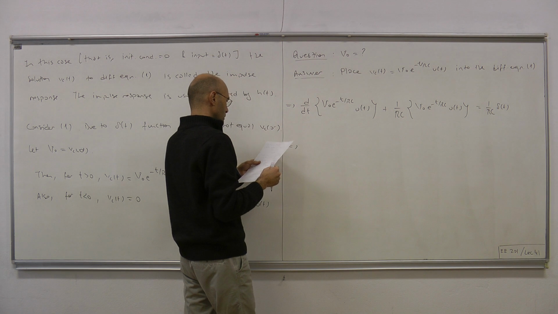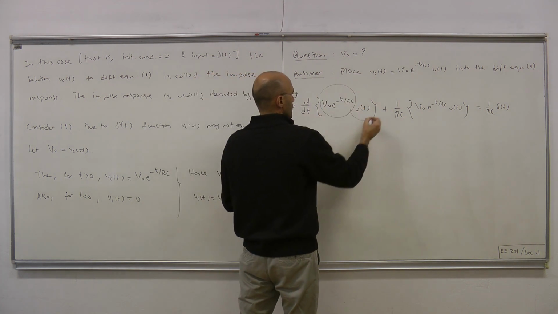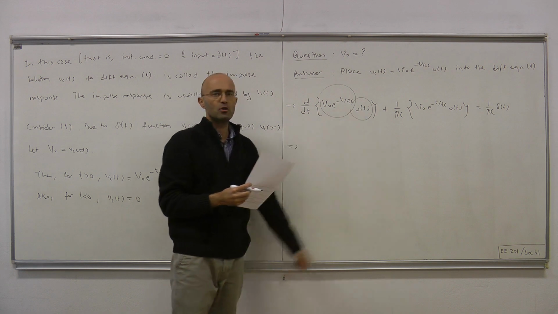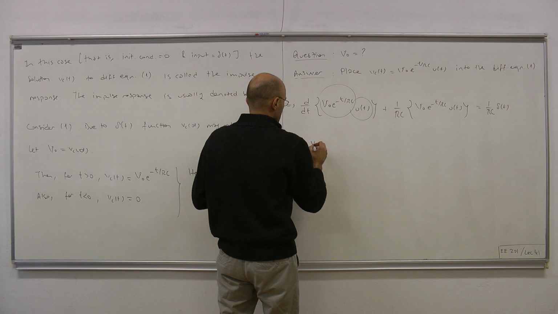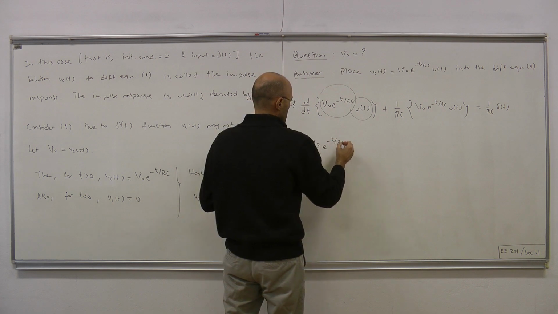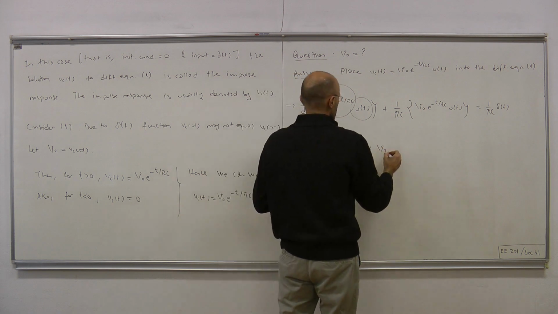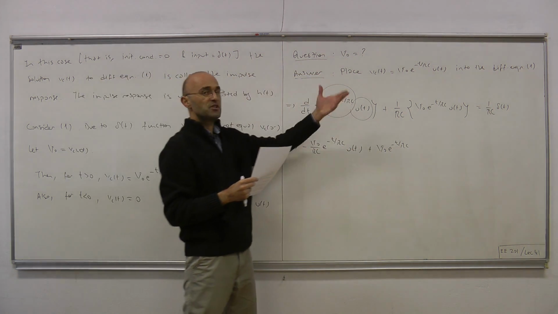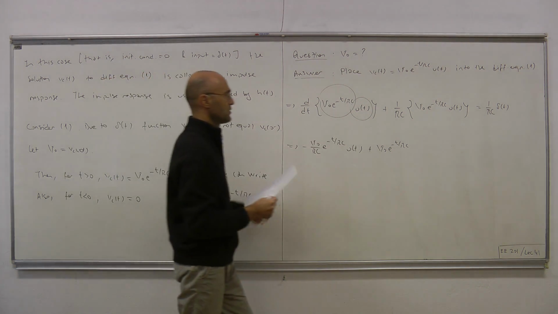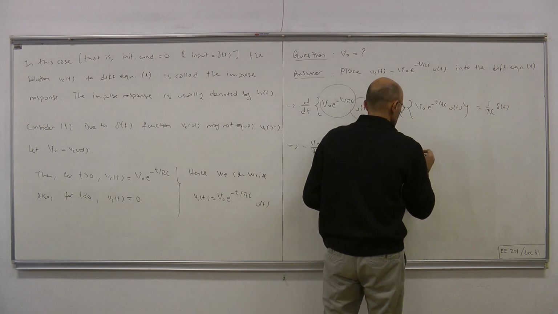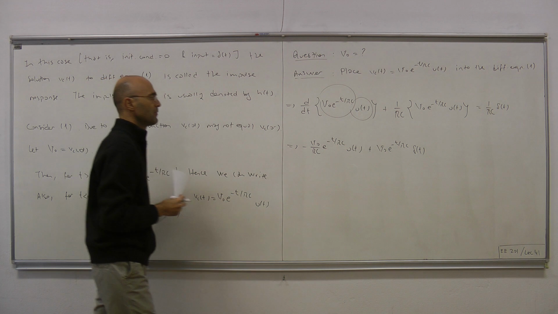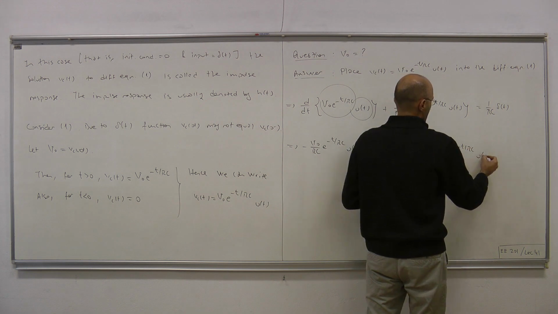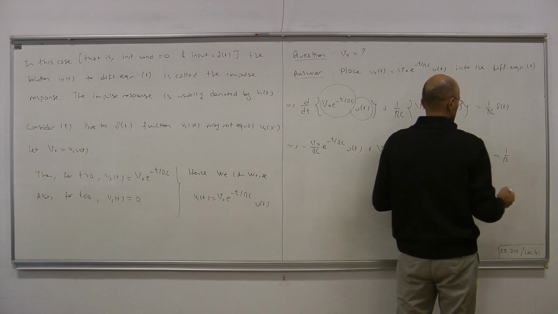Okay, now let's differentiate that. Note that here we have a product of two functions, therefore by the product rule, the derivative is the derivative of this times u(t) plus this times u'(t). So the derivative is minus V0 over RC e to the minus t over RC u(t) plus V0 e to the minus t over RC times u'(t), and we know that the derivative of the step is the impulse, plus V0 over RC e to the minus t over RC u(t), and that equals the right hand side.